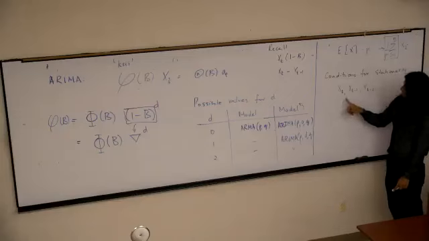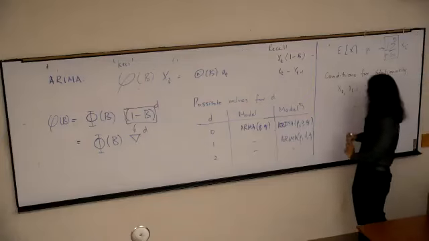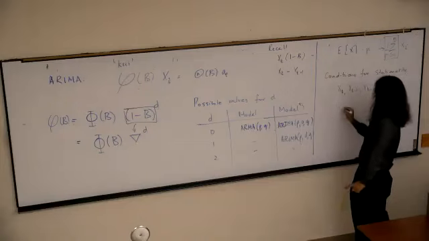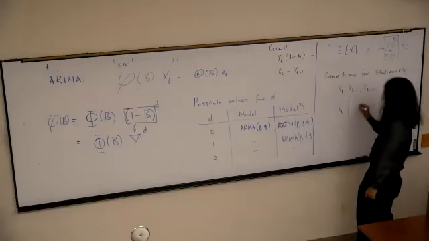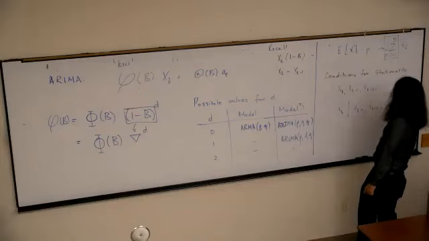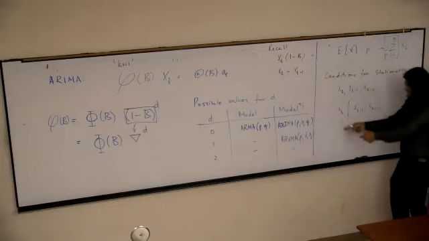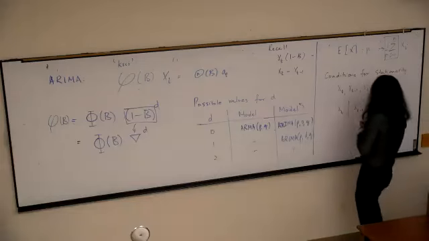And if you have Xt dependent on Xt minus 1, Xt minus 2, the way we write it is Xt given Xt minus 1, Xt minus 2, and so on. This simply means Xt depends on all of those.